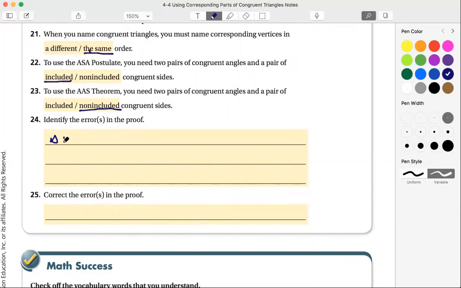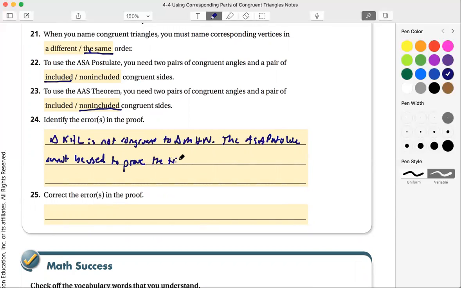So we have triangle KHL is not congruent to triangle MHN. The ASA postulate cannot be used to prove the triangles congruent.